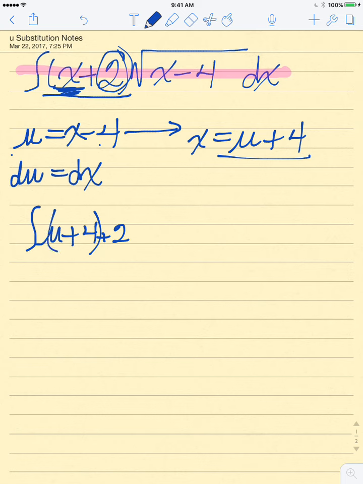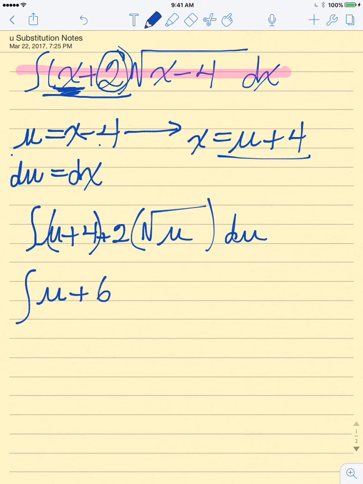Again, here's my x plus 2 times the square root of u du. Okay, I have everything now. Let's clean this up a little bit. This is the same as u plus 6 times u to the 1/2 du.